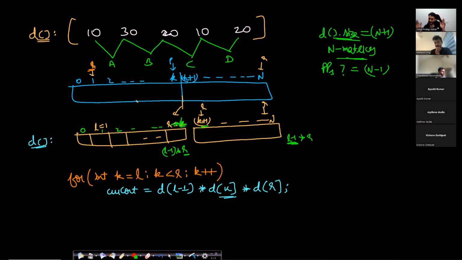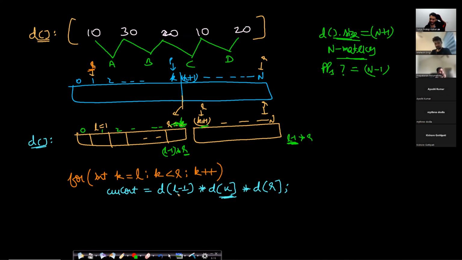The left limit and the right limit always remain the same, but it is just the middle point, the partition point, that is changing. That is actually changing the middle dimension. As I said, the last array will always have this first and second, but if you have a partition point here, then this will be the Q part, PQR, right? So this is the current cost of multiplication.